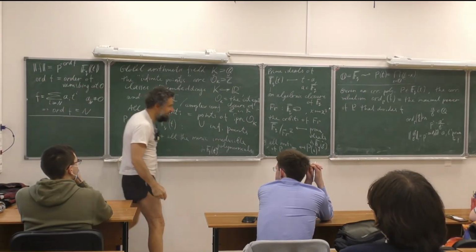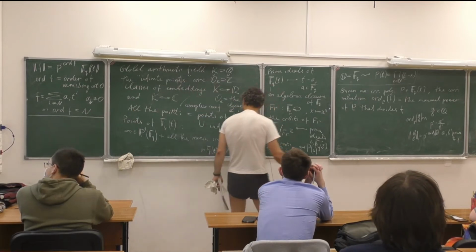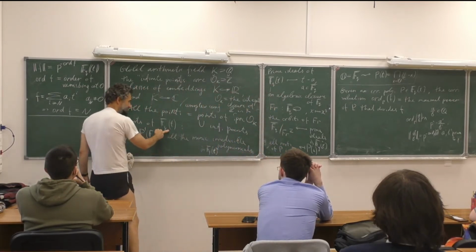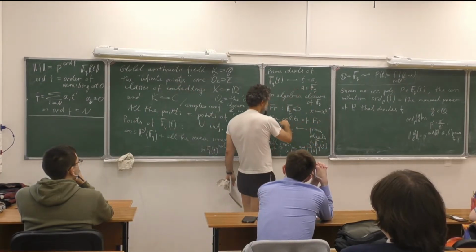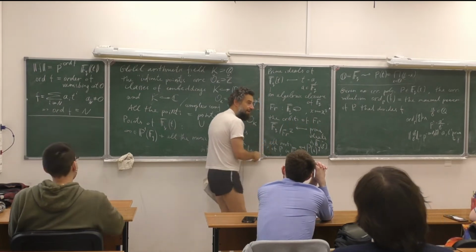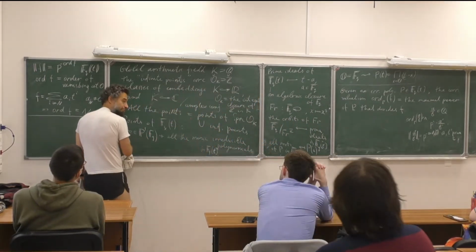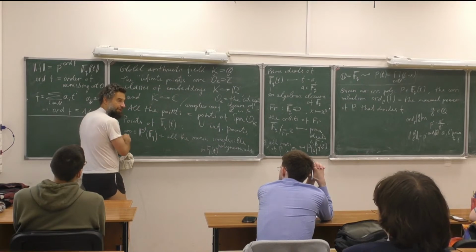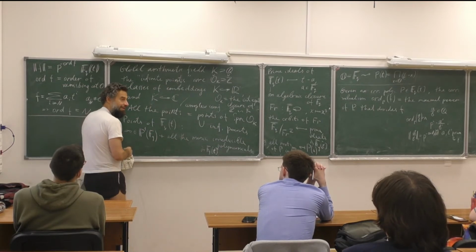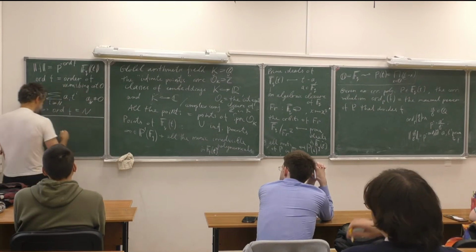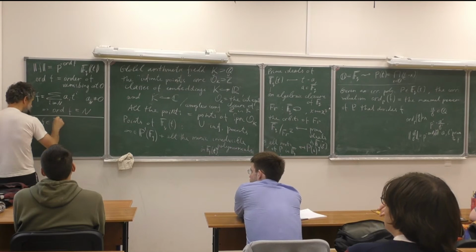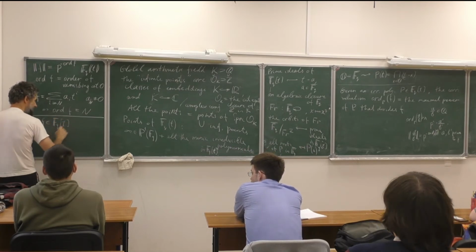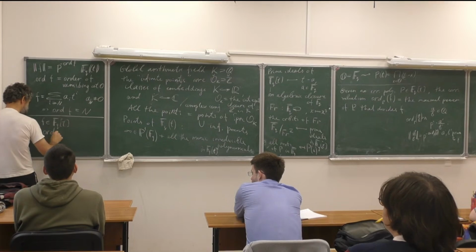So the complete classification of norms on this global function field is those indexed by irreducible monic polynomials, and one more, just one more, corresponding to the point at infinity. And what is the order of vanishing at infinity? Say, if you have a polynomial f, then what is this order at infinity of f?